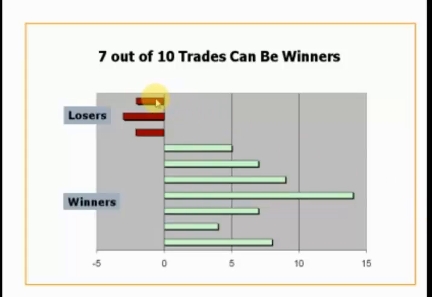The other thing here, you can see it graphically. The losers, we keep the losers small, but we let some of the winners become big. Okay? So if you have a trade that's working, you want to be generous to that trade. Let it go. Let it work. If you have a trade that's not working, you want to be stingy.